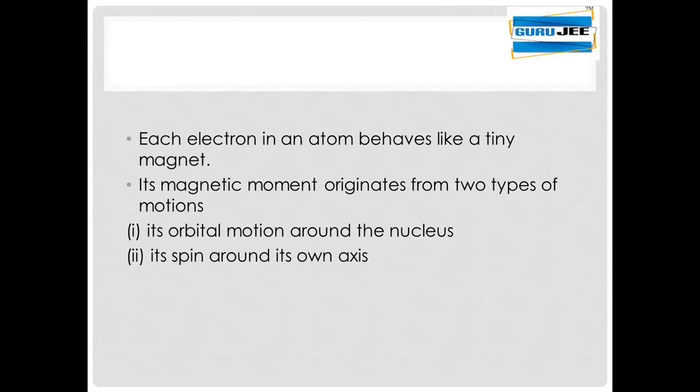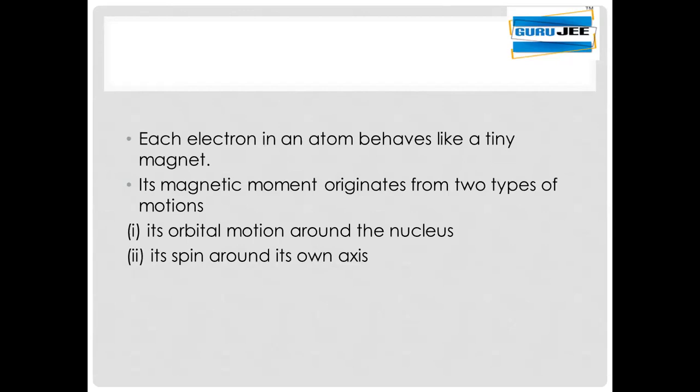Have you learned in your social studies how the planets revolve around the sun? That is an orbital motion. That means the electron is revolving around the nucleus. Here, the electron is a planet and the nucleus is the sun itself, so it will have an orbital motion. This orbital motion will give a magnetic moment to the electron.